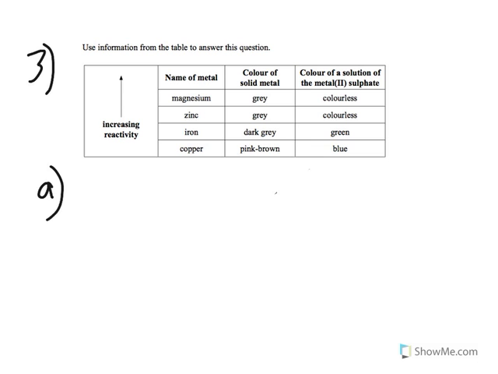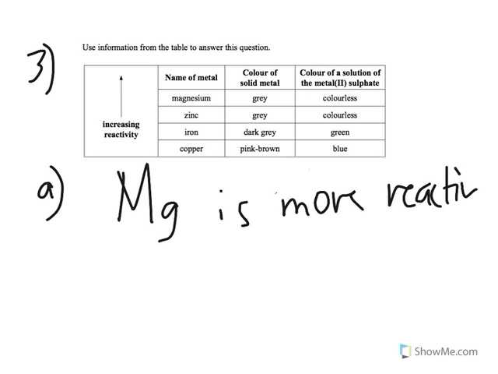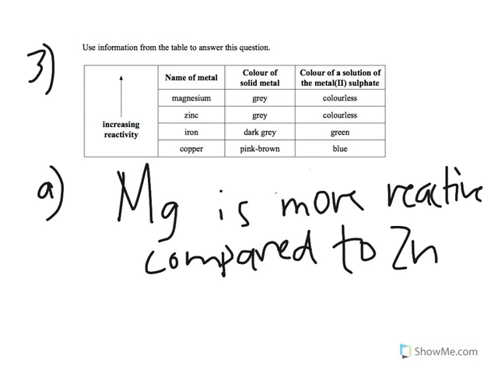Now why is this? It's just for the reason I just explained, because magnesium is more reactive compared to zinc. So that means that it won't take over the position of magnesium in magnesium sulfate. Okay, so that's the answer.